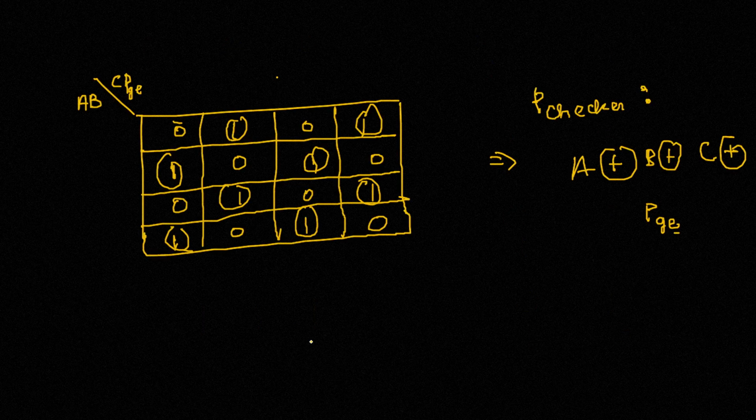I hope it was clear. So obviously the questions are not going to be direct, like draw a full adder or write the truth table for a given combinational circuit.